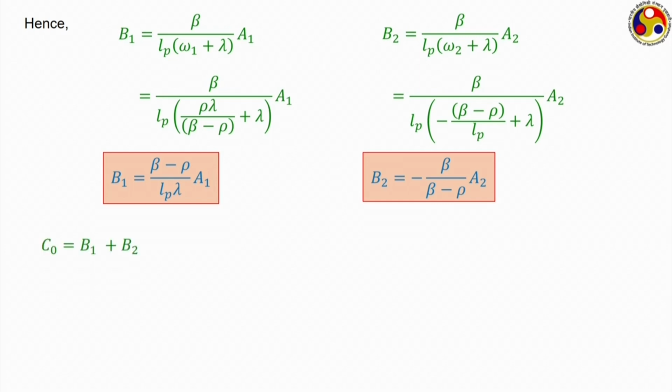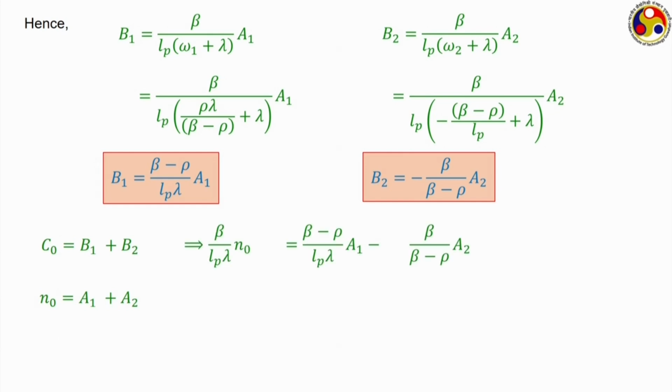Now, we have already seen that C naught equal to B1 plus B2 and N naught is equal to A1 plus A2. So, use this expression for B1 and B2 into this, and also the relation between C naught and N naught that we have developed in the previous slide. If we put all of them, this is what we get from the first equation, as we have already derived C naught is equal to beta by LP lambda into N naught, and these two expressions for B1 and B2 we have just developed above.